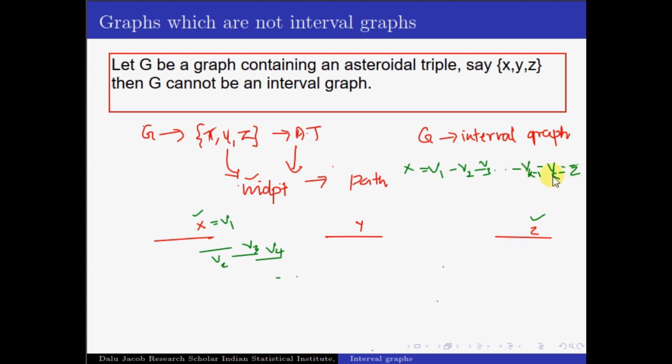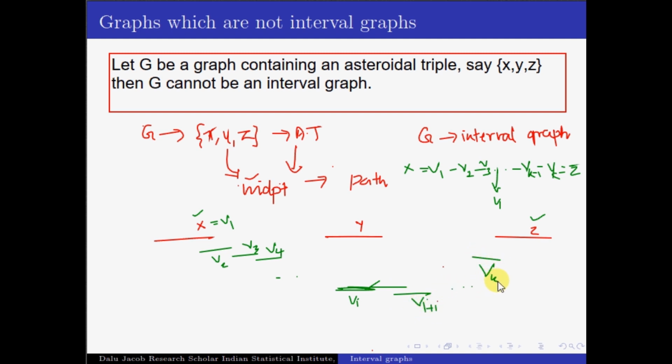So what exactly happens is that there should exist some vi that passes through like this, and then vi plus 1 can continue like this, etc., and only then can we reach an interval vk minus 1 which is adjacent to z.